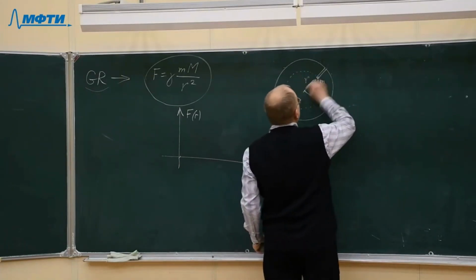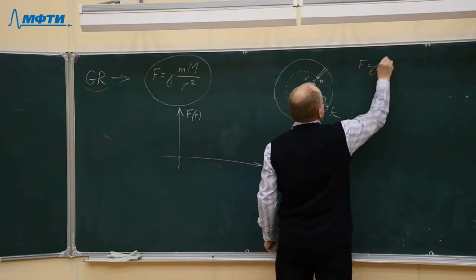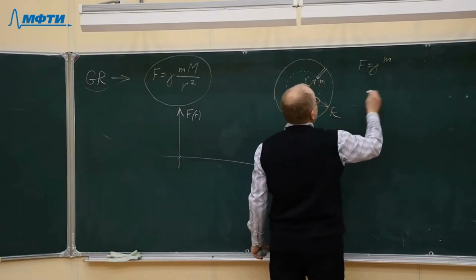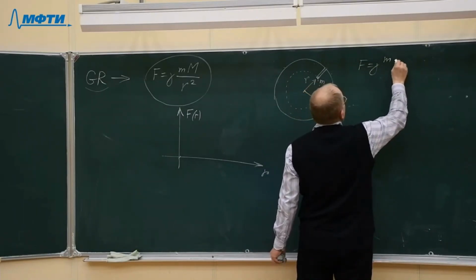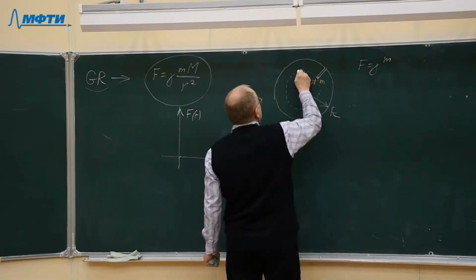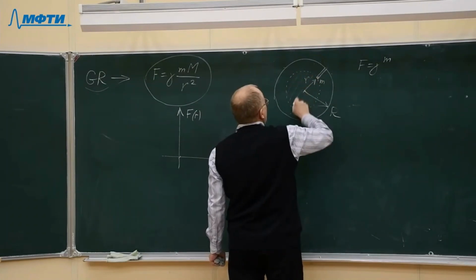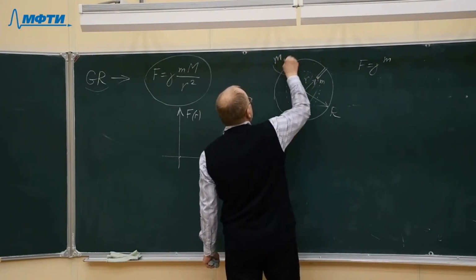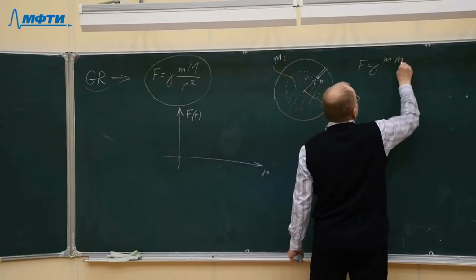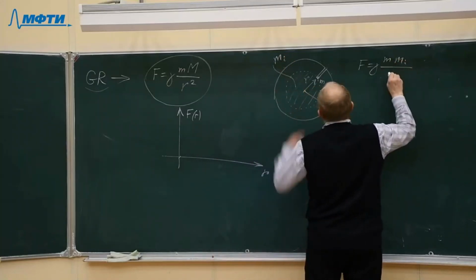And the force of attraction will be given by the law of universal gravitation, with the mass of the inner sphere of radius r, divided by r squared.